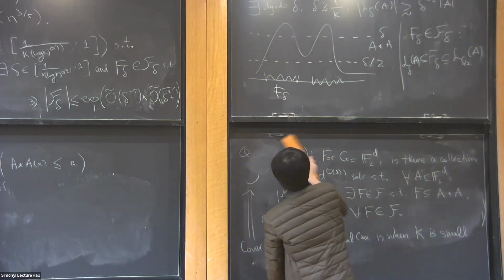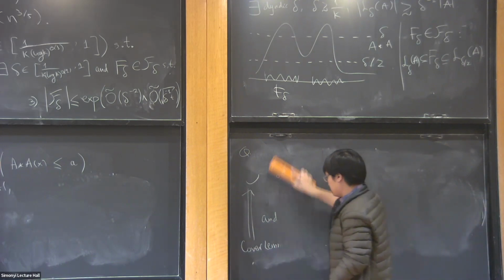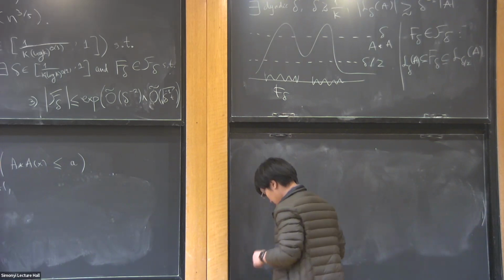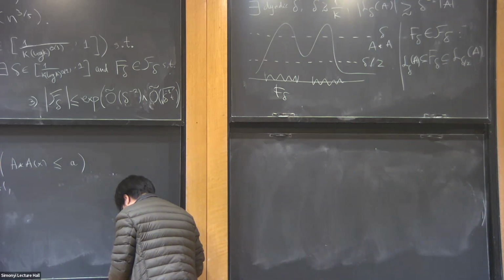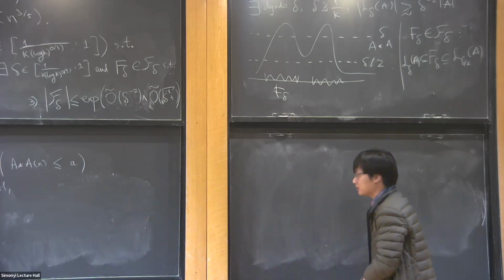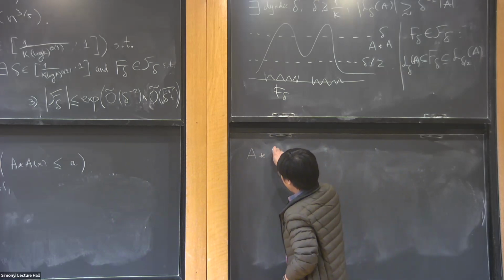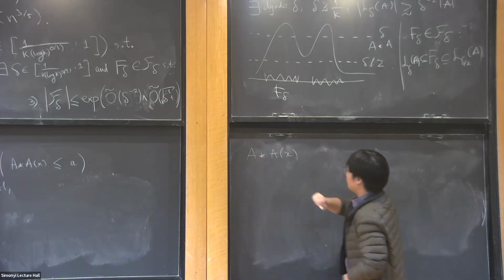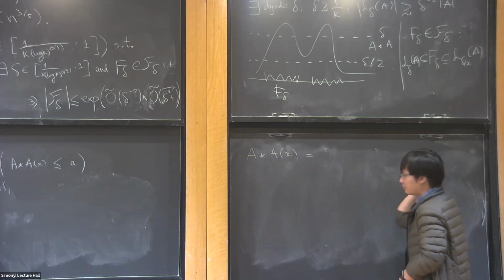So how do we find such a set F? This is where we significantly use some information from the group. In particular, we will pass to the Fourier domain. We'll use a Fourier transform. Let's remember that in Fourier analysis, the convolution looks very nice after we pass to the Fourier space.